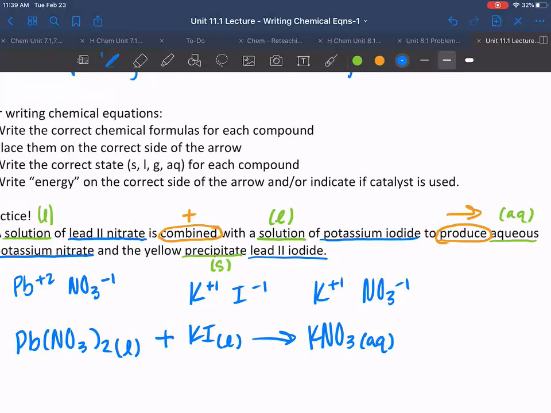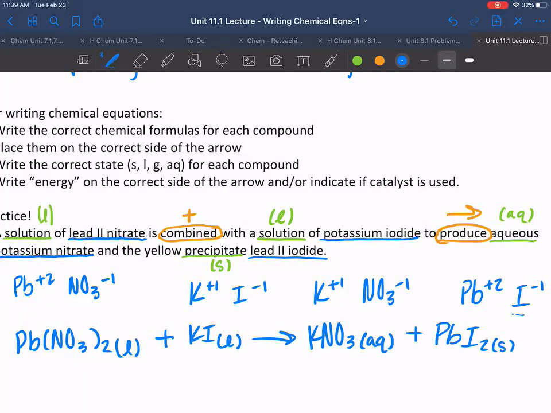And then lastly, we are combining, because we're also producing that yellow precipitate, which is lead 2 iodide. So again, we have lead 2 and iodide, which is a -1. So what is the formula for lead 2 iodide? Wonderful, exactly. PbI2, and that is a solid.